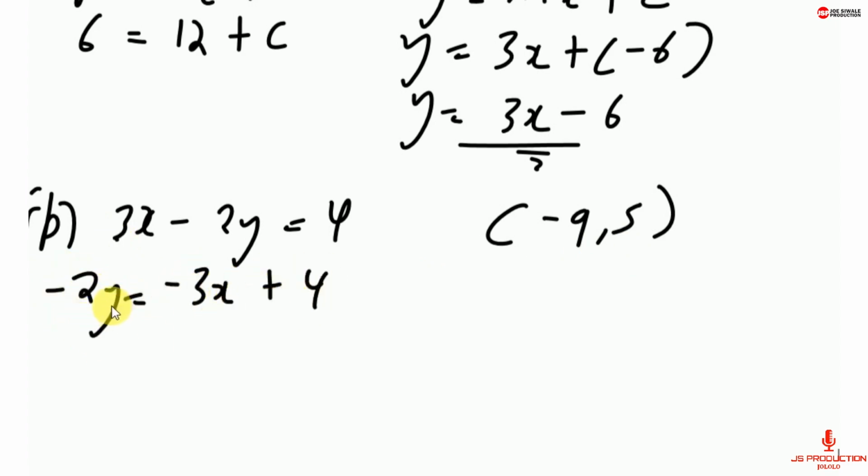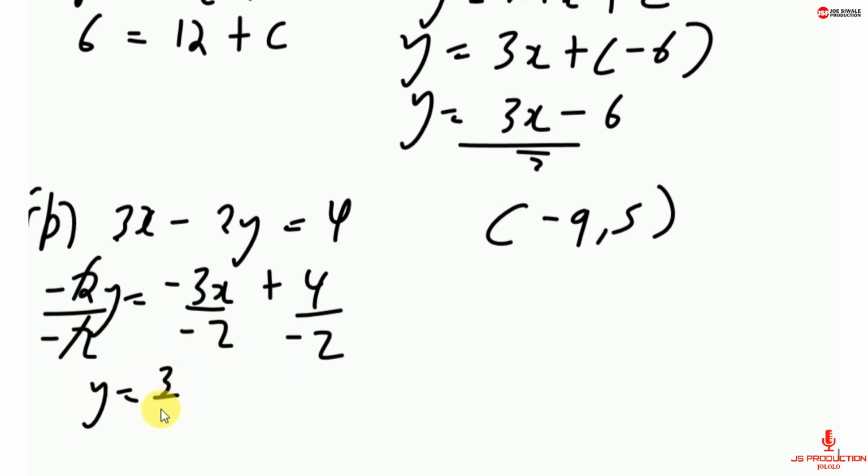And to find y there, we can say divide by negative 2, divide by negative 2, divide by negative 2. So y is equal to 3 over 2x minus 2.